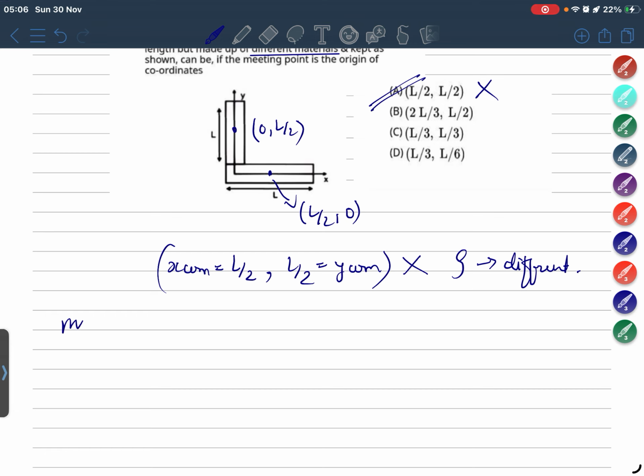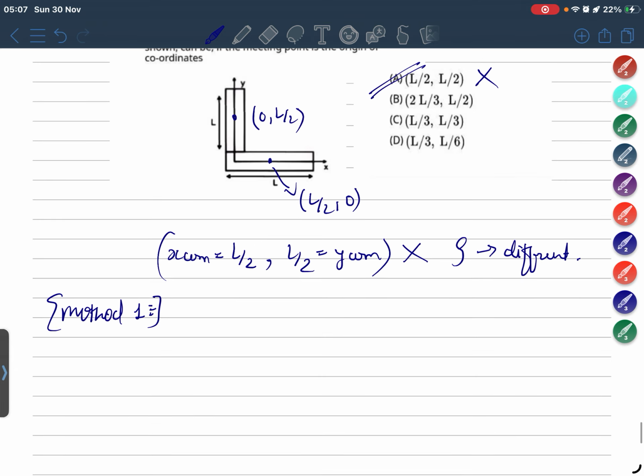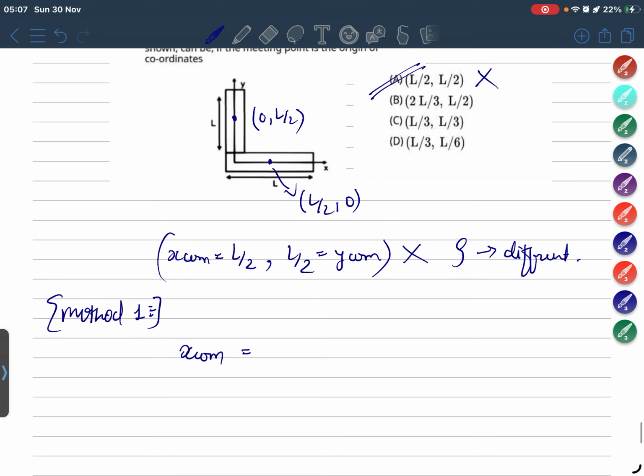Method 1 is a very general method. Some of you may have tried the question with this method only. So let's discuss. Here I am finding XCM of the system.